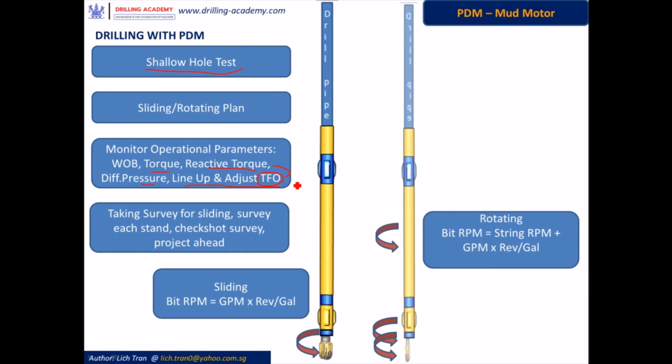So patience is required. Sometimes it takes hours to get the correct tool face for sliding. And remember, even just 1 or 2 meters of sliding in the wrong TFO may take you 7 to 8 meters of sliding in the correct tool face orientation for the correction.